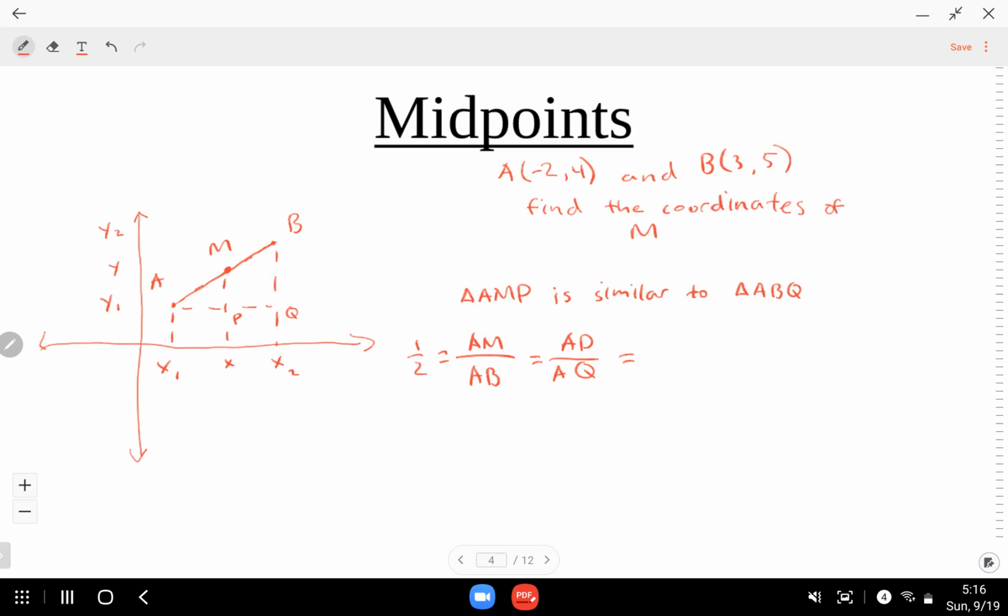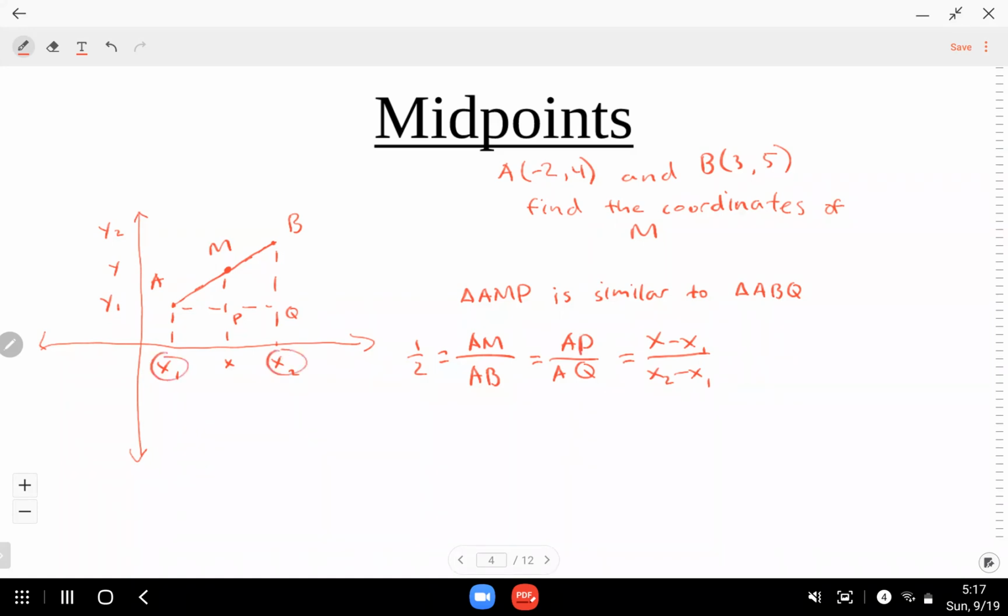And since M is in the middle of AB, that means 1/2 also equals x minus x1 over 2. Wait, no, that does not make sense. Hold on, I made errors. So this would actually be x2 minus x1. Yes, right, because AP is x minus x1, and AQ is x2 minus x1.